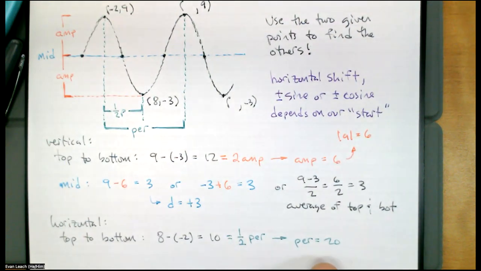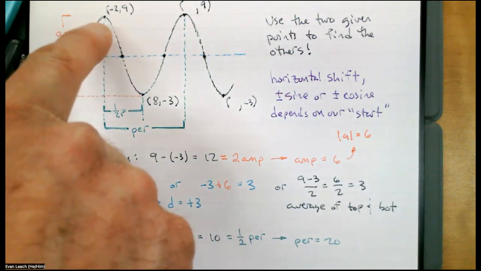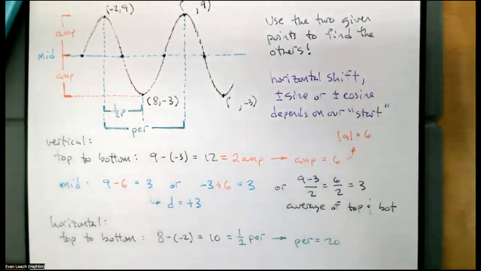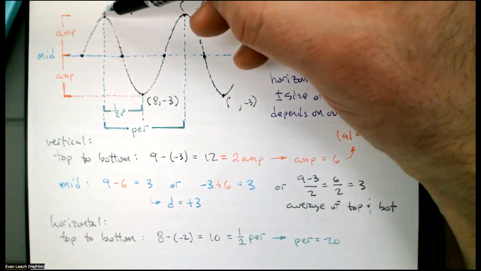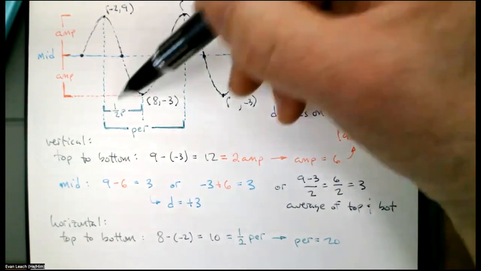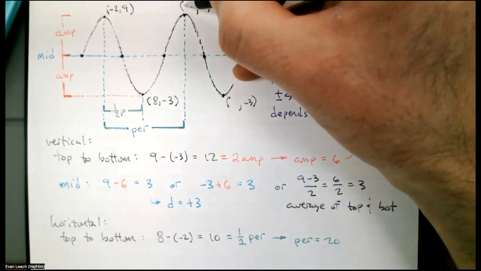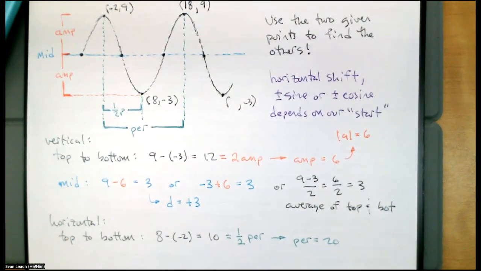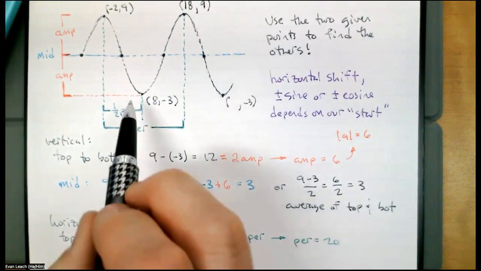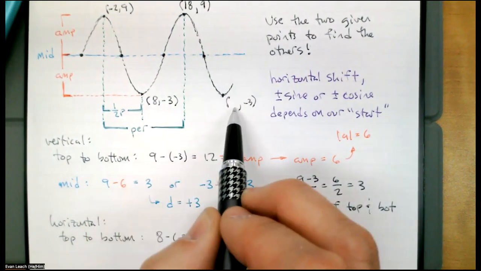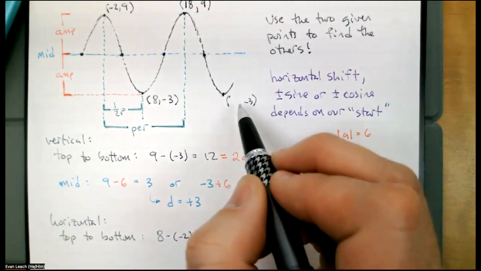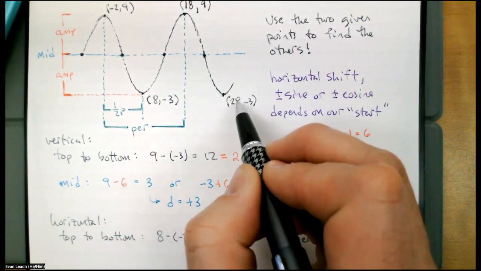Now that we know that the period is equal to 20, we can use this to figure out from the top at -2 where the next top is. So if we're at -2, 9 at this first top here, where's this next top happen? 18, 20 units later. And if this bottom point here is at 8, where's the next bottom point going to show up? 28. It's just one period later.